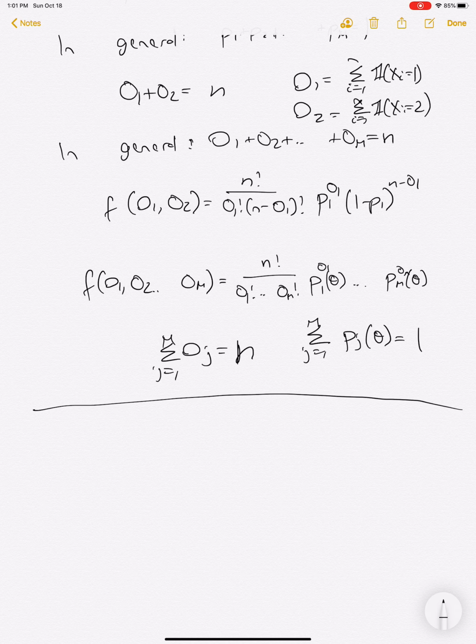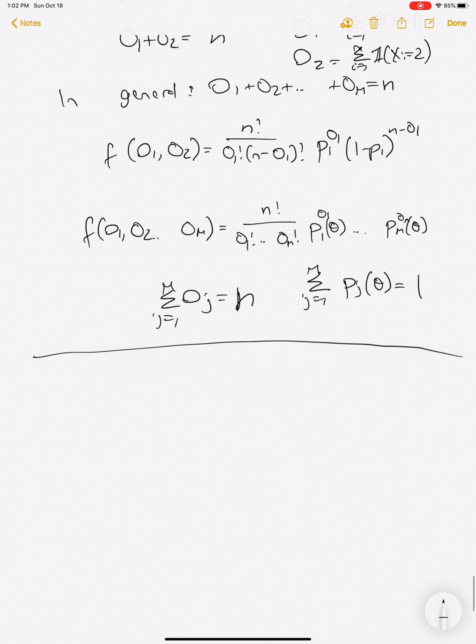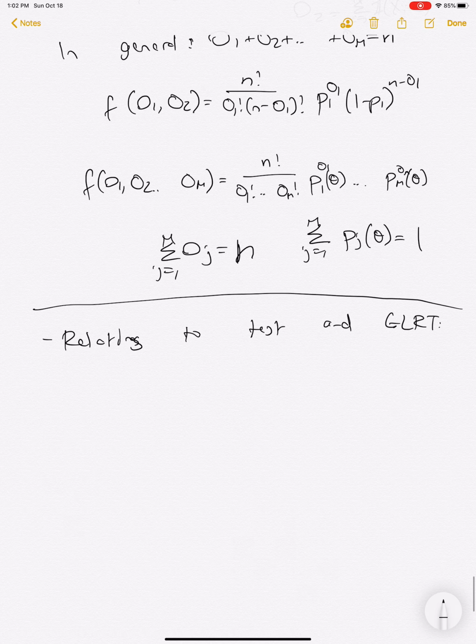So how does this exactly relate to testing? We'll continue this in the next lecture. So relating this to the test and to the generalized likelihood ratio test. Here you're typically going to have that H naught is that Pj is equal to Pj of theta.